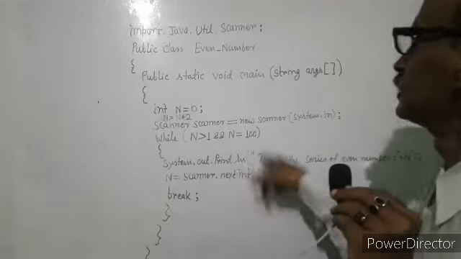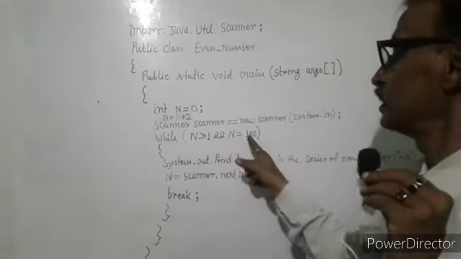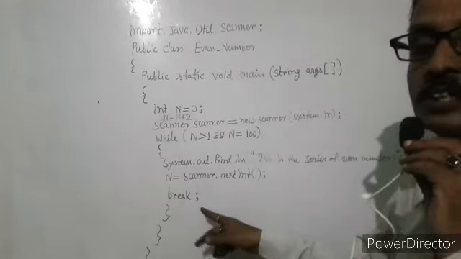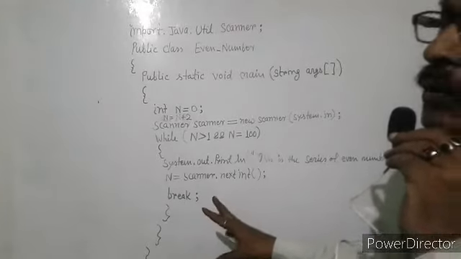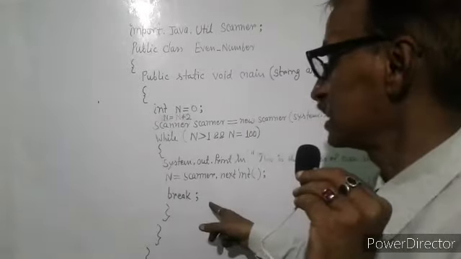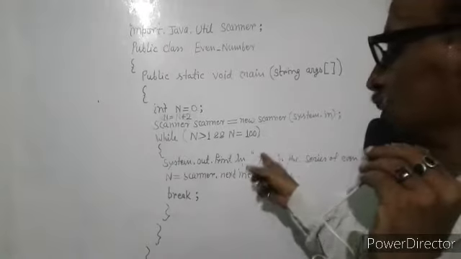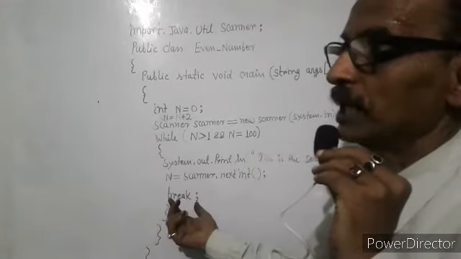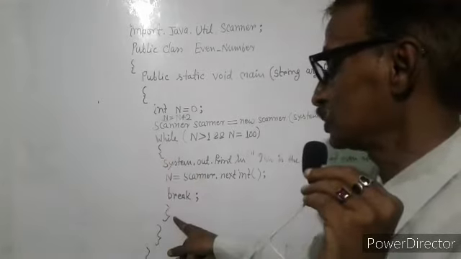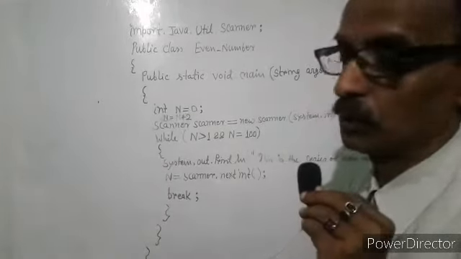And this process is repeated, and when n is equal to 100, break is the statement for terminating the while loop. So when the value of n is equal to 100, we write break, and after break, these braces are closed.